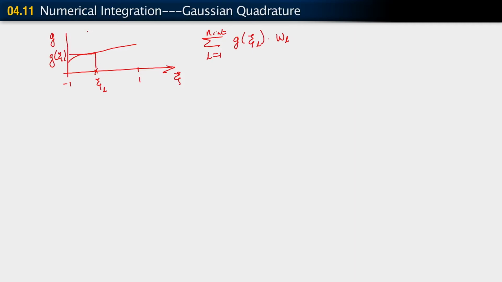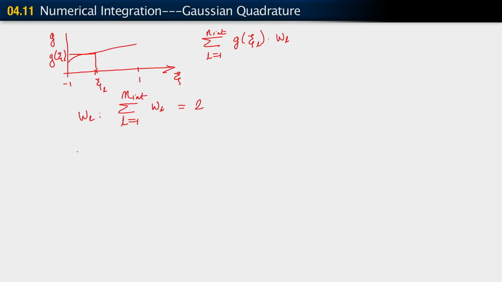Before we get to those rules, let's say one more thing. The weights W L are such that the sum over L going from 1 to n int of W L has to be equal to 2. Can you think of why this might be the case? Why do we have this requirement?